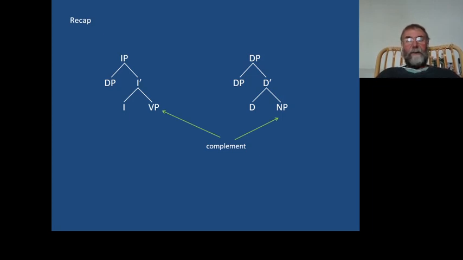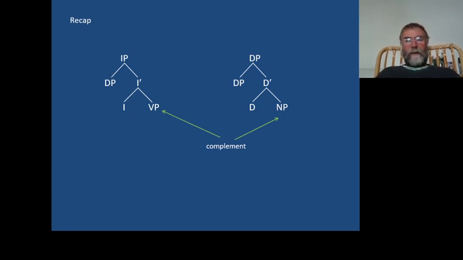With the D, it's always an NP complement if it's there, but there's not always a complement. Say, for example, if the determiner is a pronoun. Pronouns are determiners that don't have complements at all. So there's a little bit of variation there, but not much. Basically, functional heads always have an extremely limited set of possible complements.